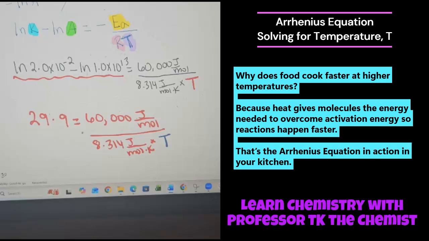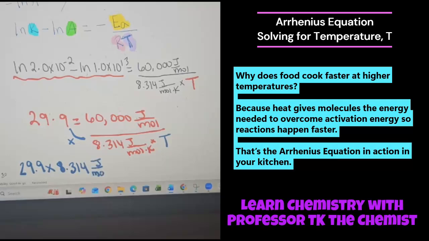Okay, we're almost finished with this problem, almost finished. What you need to do now, okay, you're going to multiply these two numbers right here. So you're going to say 29.9 times 8.314 joules per.